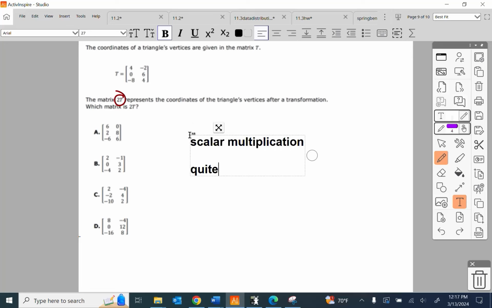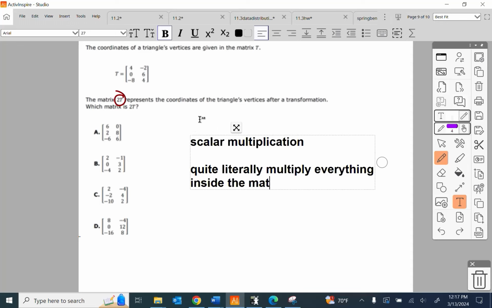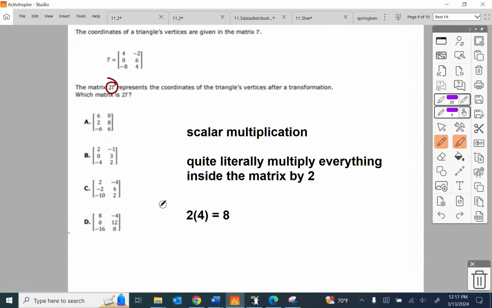And you quite literally multiply everything inside the matrix by 2. That's what you do. So I'm thinking right now about 2 times 4. It's 8. I'm thinking about 2 times 4 because I saw 4. And 2 times 4 is 8. Oh my God, I just finished the problem. Because nothing else had an 8.